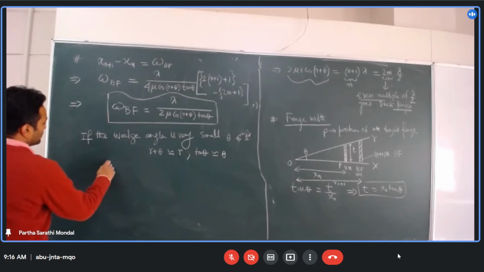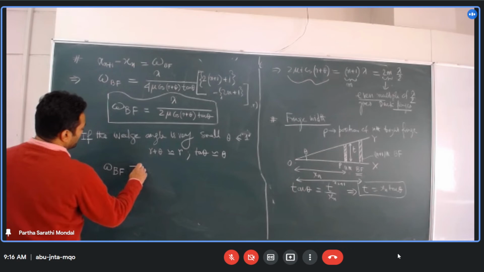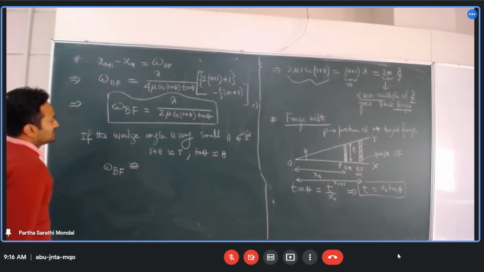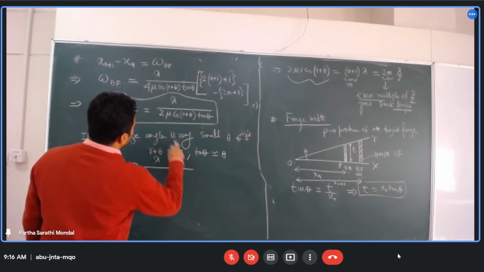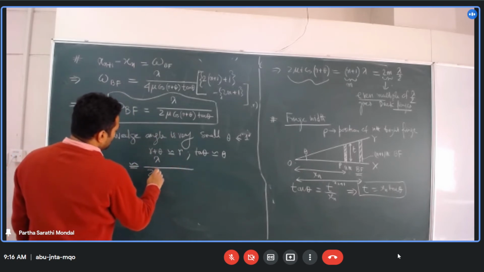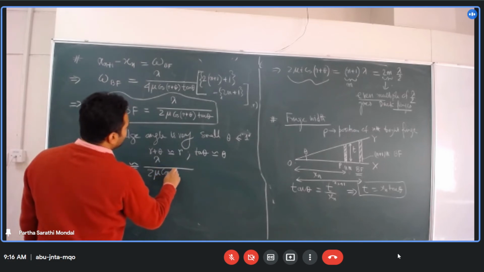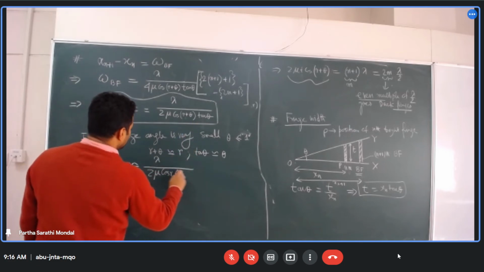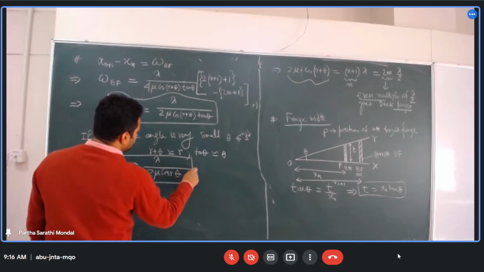So then your bright fringe width will reduce, approximated to lambda divided by 2 mu cos r and tan theta equal to theta. Okay, so you can further approximate it.